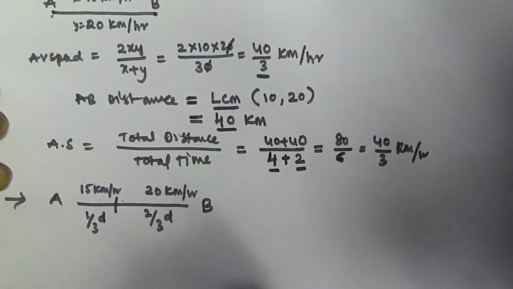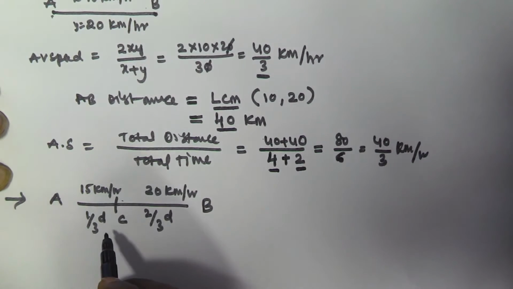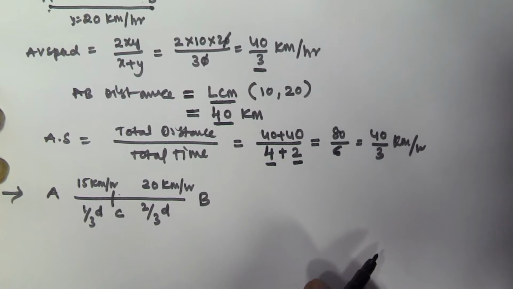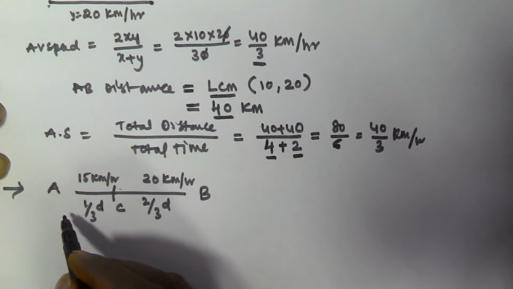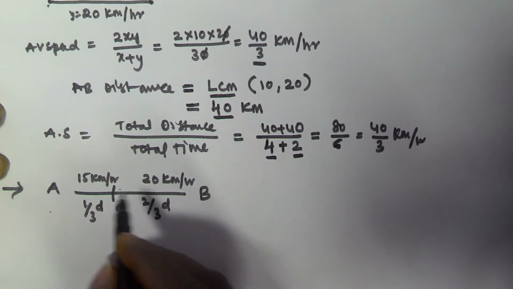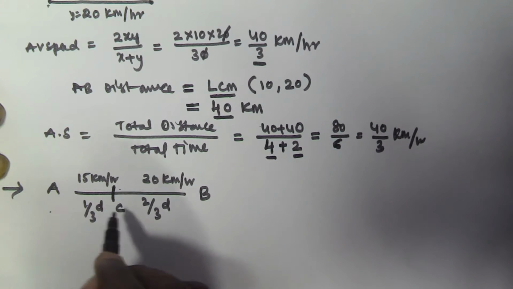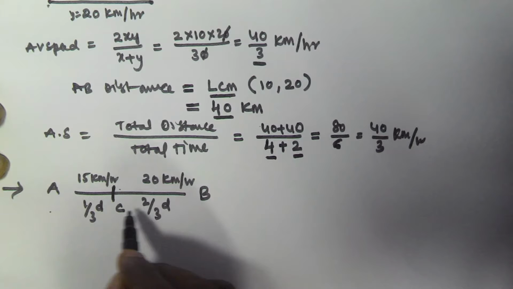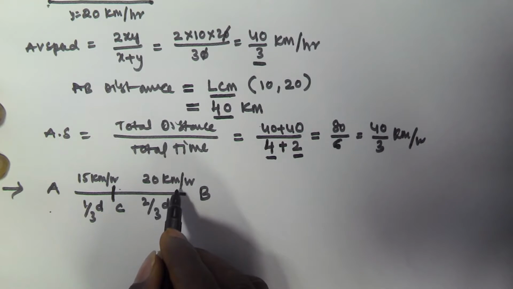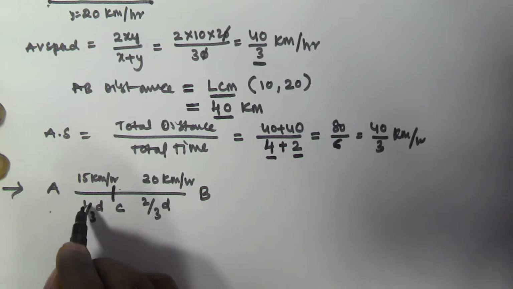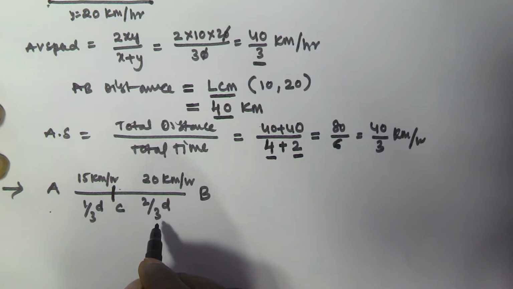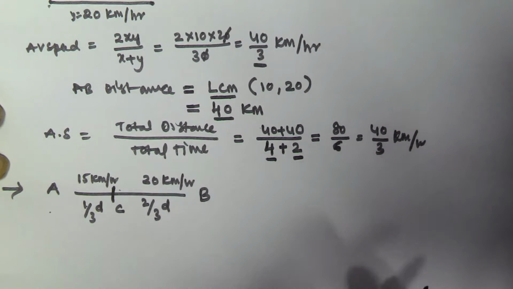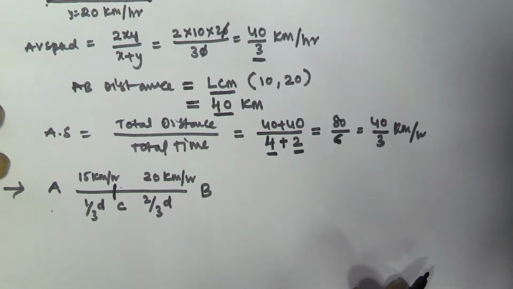Let us assume this point is C. Now we have to find the average speed of that person from A to B. Here it is not like the previous problem, where he traveled A to B and B to A. Now he is traveling only from A to B, but in between he traveled from A to C at 15 kilometers per hour and from C to B at 20 kilometers per hour. The A to C distance is 1 by 3 D and the C to B distance is 2 by 3 D.